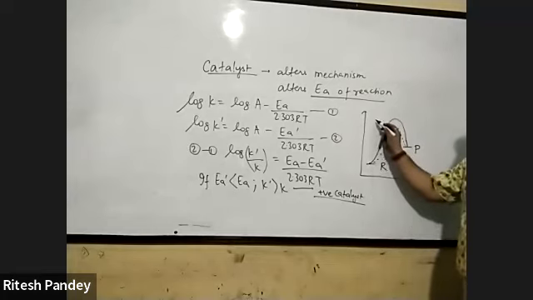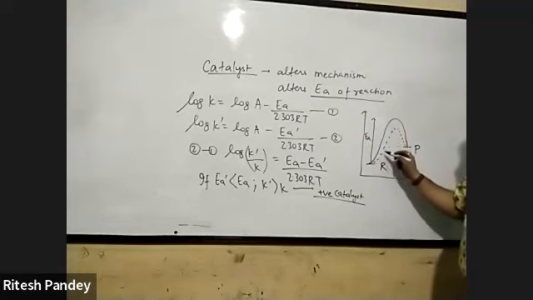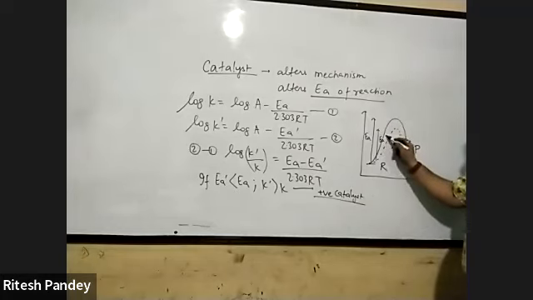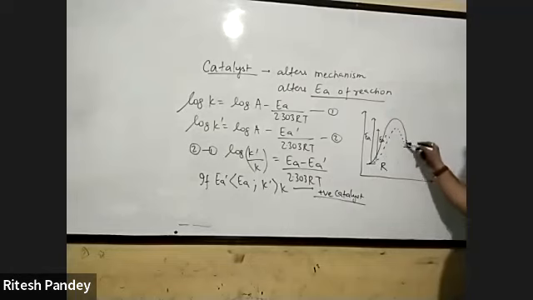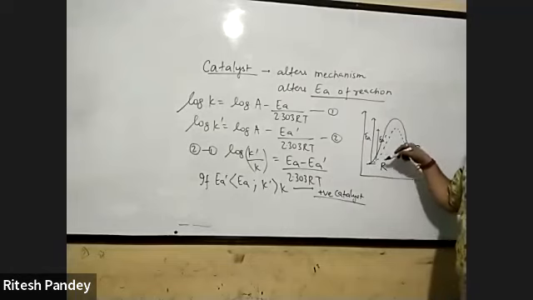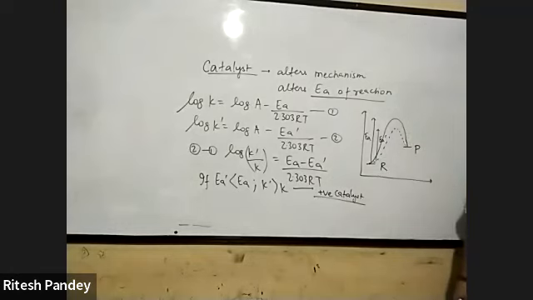If this was EA, and if this is EA prime, both graphically and mathematically, you understand this is an easier path to follow. Now more molecules will cross this energy barrier, yes or no?